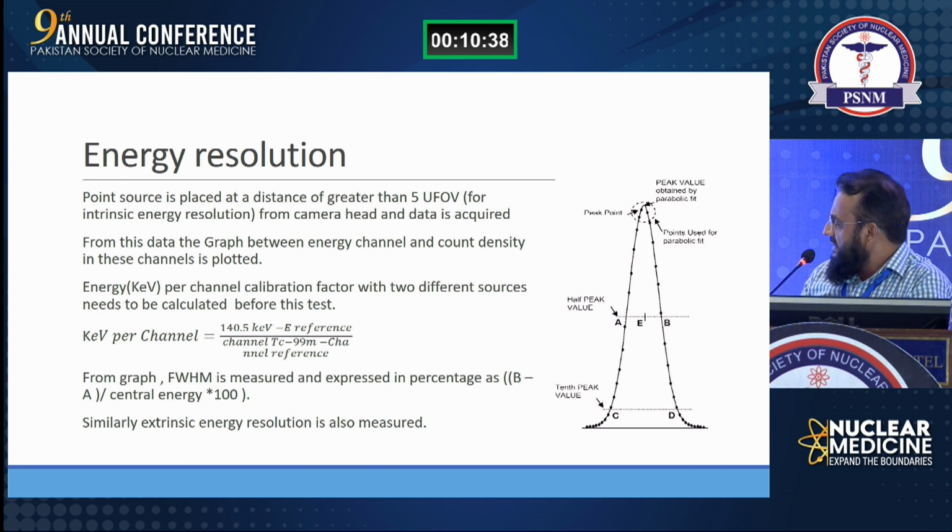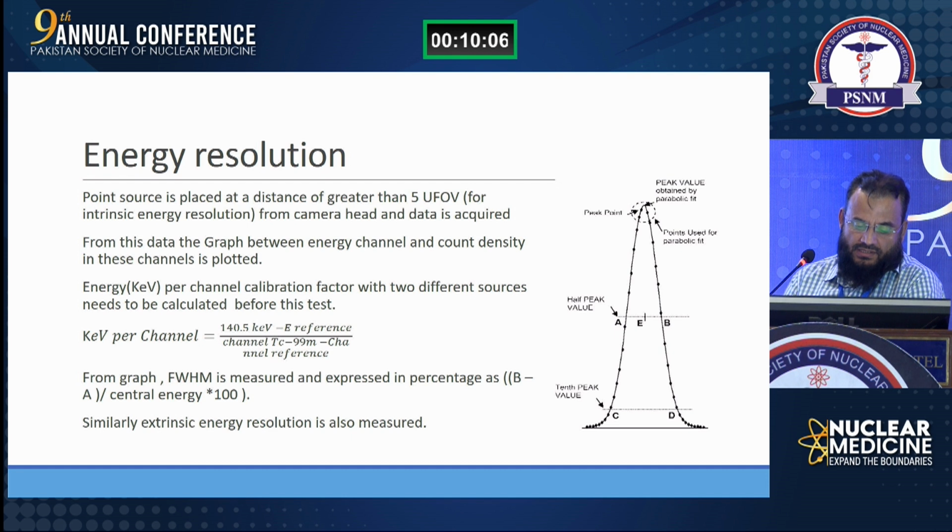On the x-axis in this graph, there is the number of energy channels, and the energy per channel calibration factor, where two different sources need to be used before performing this test. keV per channel is basically the difference of energy between the two sources divided by the number of energy channels for those energies. From the graph, full width at half maximum is measured and is expressed as a percentage.